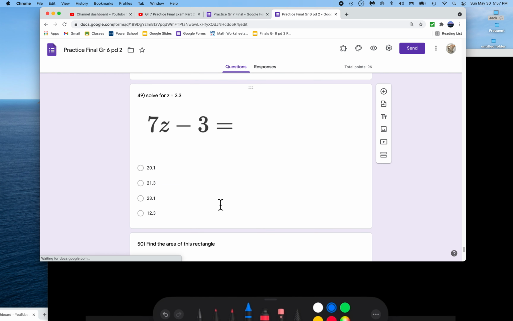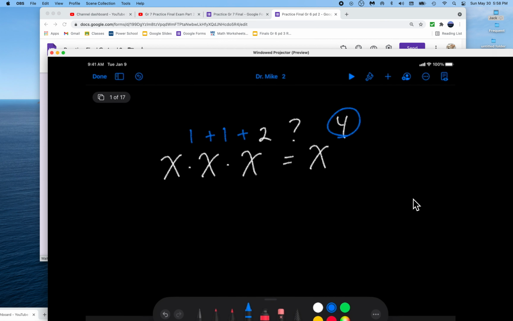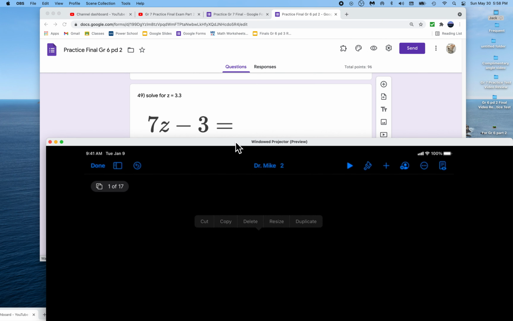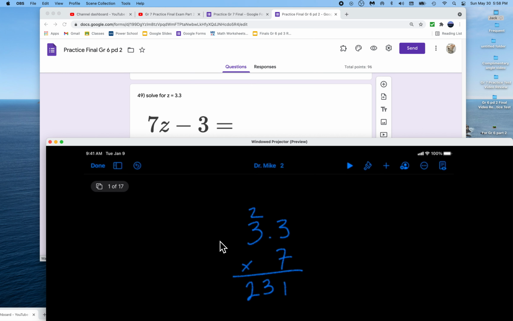Solve for z. Whenever you see something like this, solve for z. You take this and you put it everywhere you see a z. As it turns out, there's only one spot. When you multiply 3.3 times 7, you end up with, let's do that together. Okay, now what to do with the decimal point?